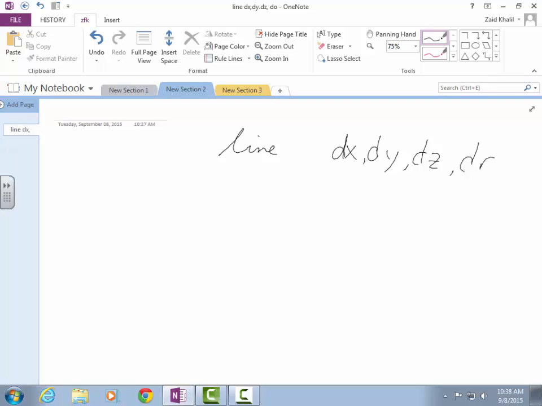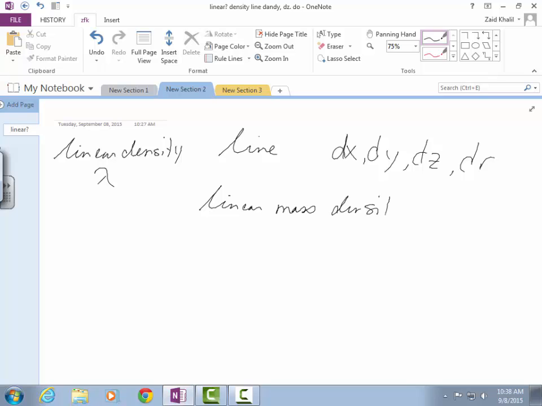In general, if you have something continuous along a line, that has something called a linear density, usually denoted by lambda. If it's linear mass density, what is the relationship between lambda, m, and any one of those parameters, say dx?